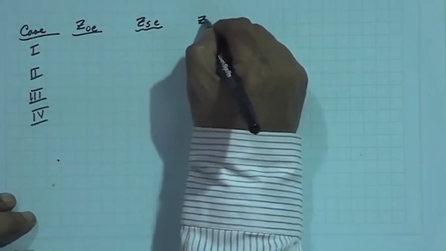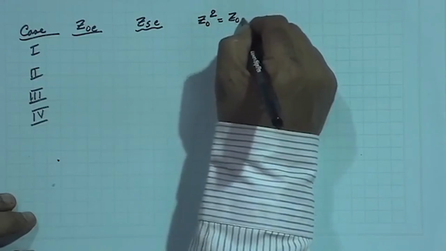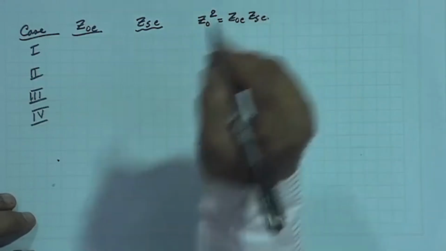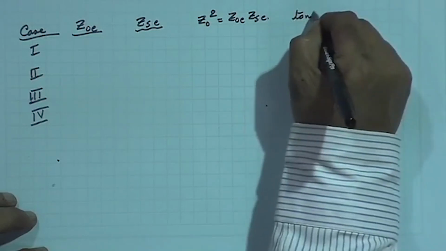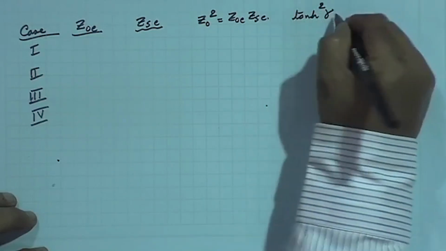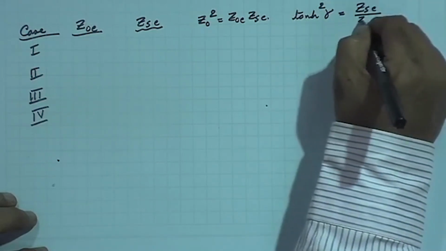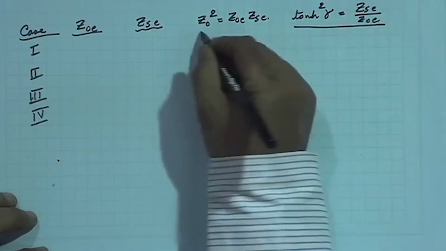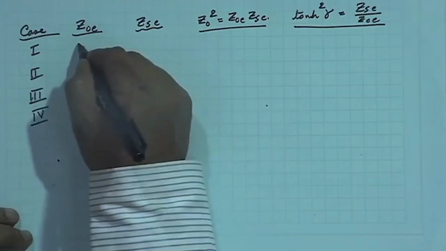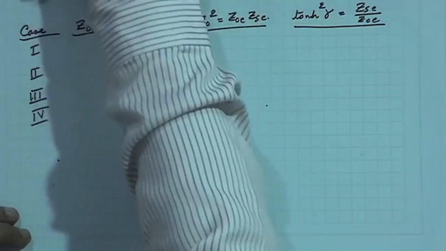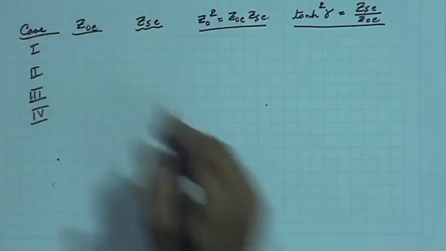Then we know Z0 square is equal to ZOC times ZSC, and we know tanh squared is ZSC by ZOC. So, we will make a table. Case 1 is, let us say that ZOC and ZSC are of the same sign.